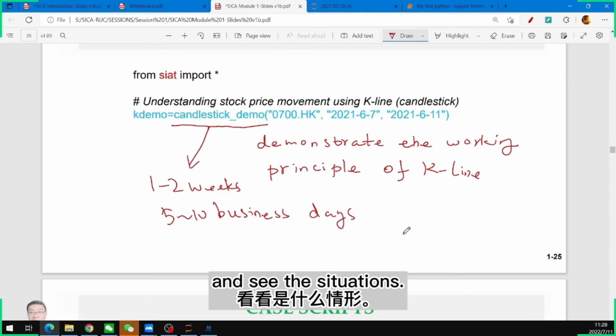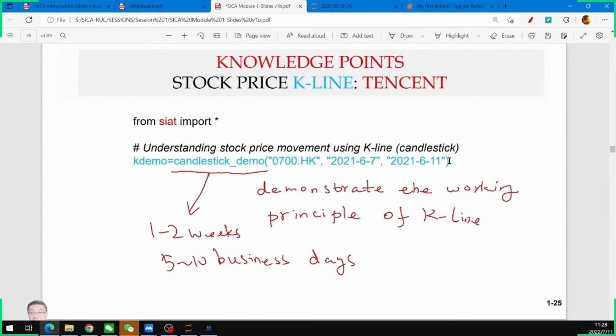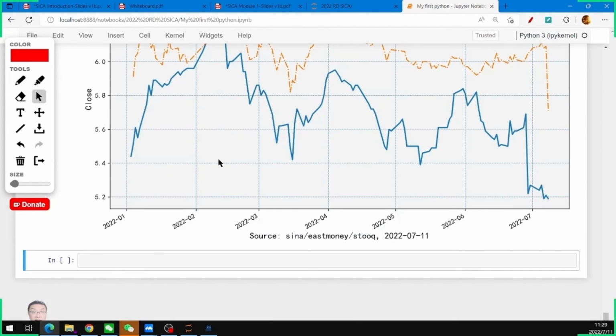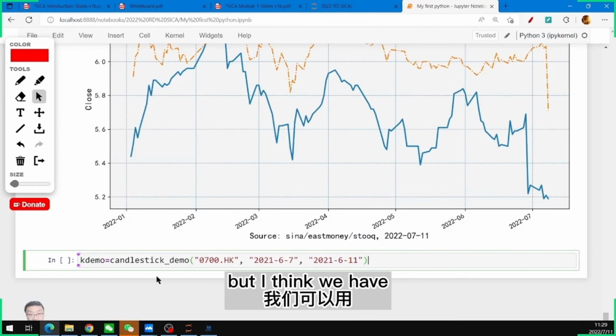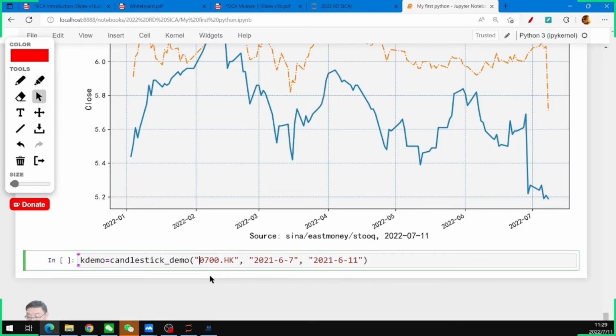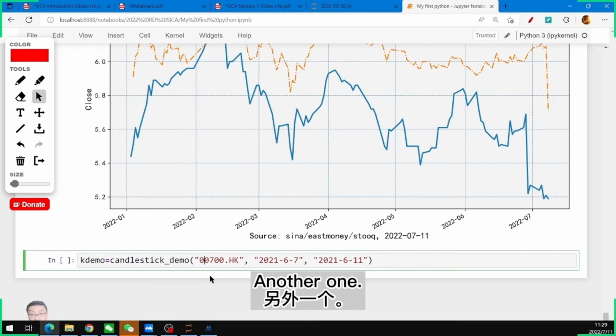And see the situations. Okay, just need this. Okay, we have here. We still use Tengxun, but okay, I think we have another one.